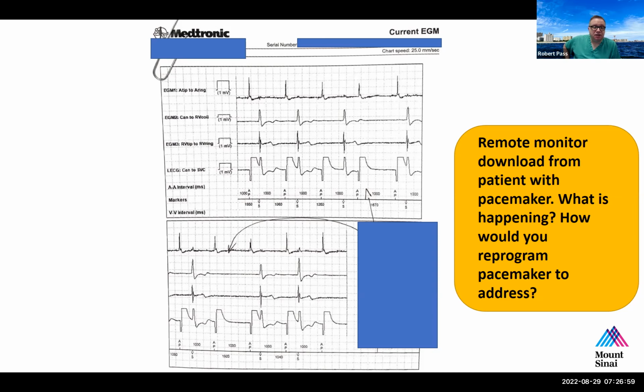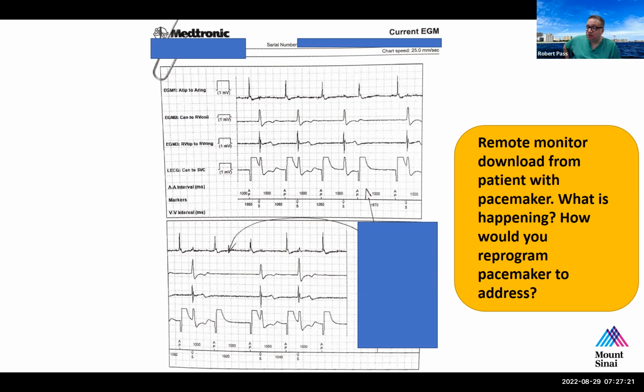Let me take a step back. In my experience, almost every patient I have who has this feature turned on, once they start using it, they don't like the feeling. I believe it's because they don't like the feeling of changing back and forth. The pacing feels abnormal because the heart is depolarizing differently.